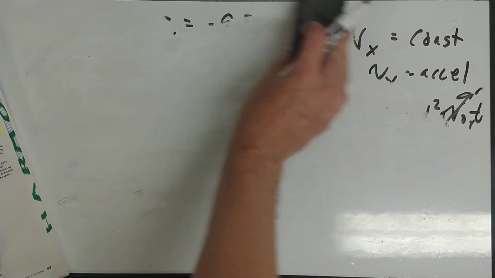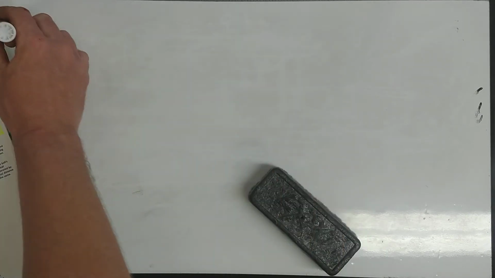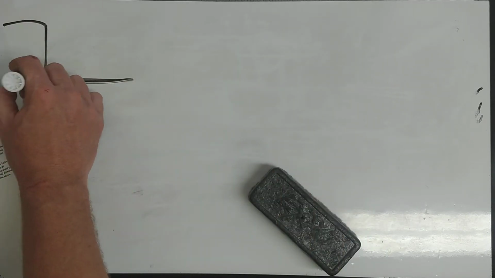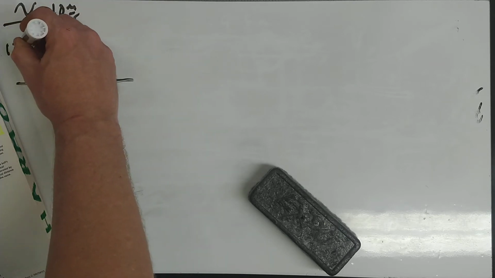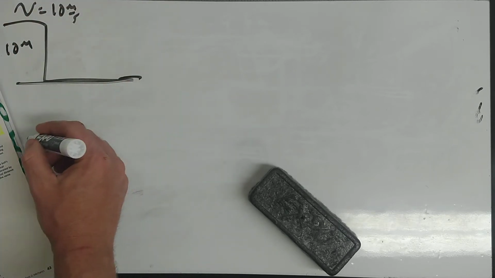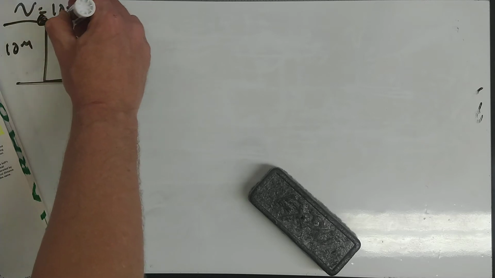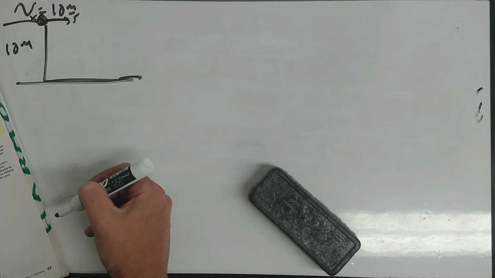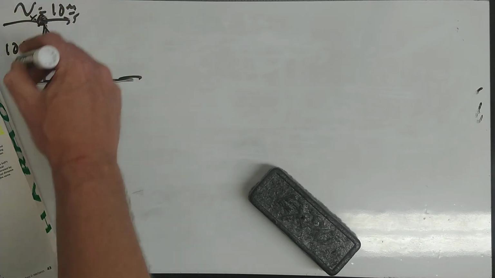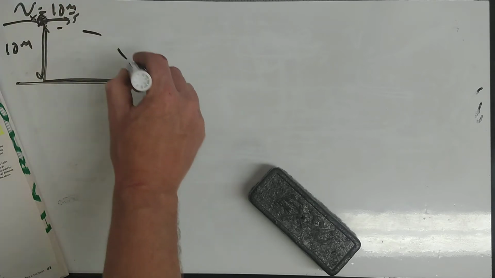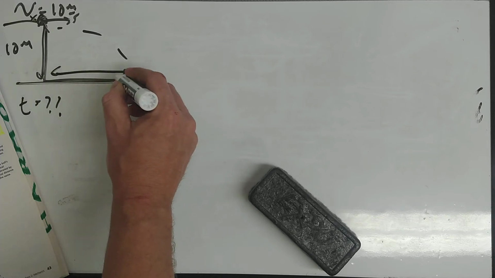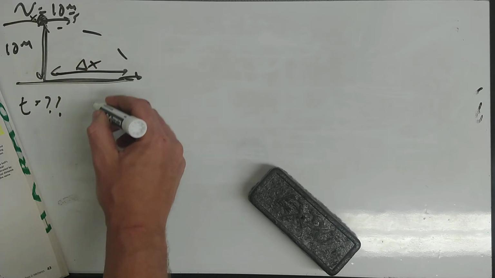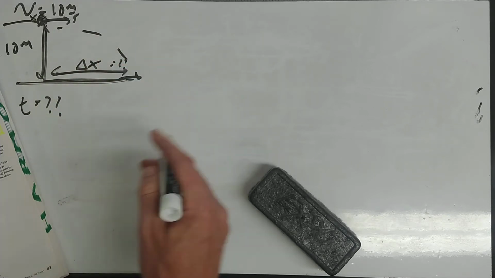Let's say an object is launched horizontally at a speed of 10 meters per second from a height of 10 meters. Launched horizontally, so Vx is 10 meters per second, from a height of 10 meters off the ground. We want to know how long it takes to hit the ground and how far from the edge of the cliff it lands.